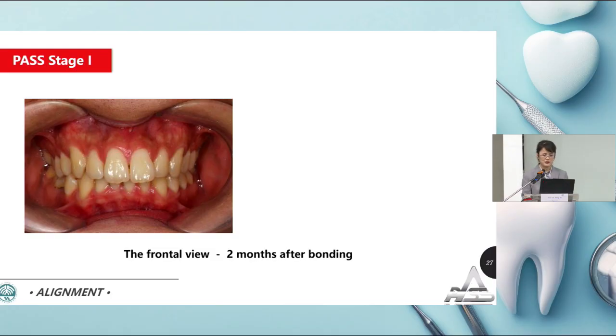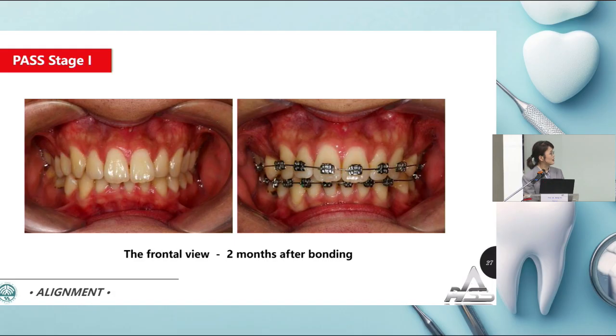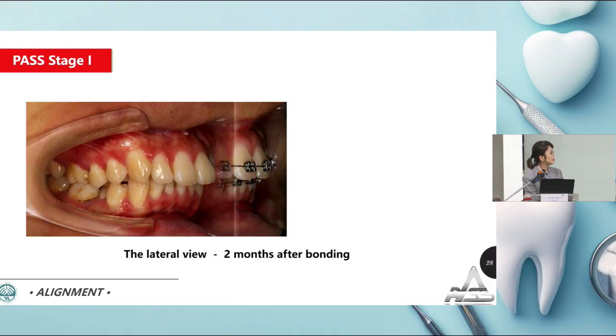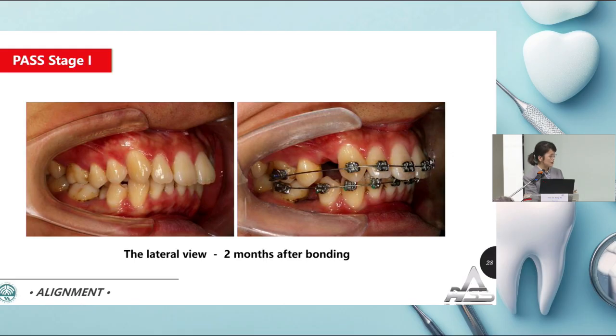Okay, you can see a case. That's the frontal view 2 months after bonding. You can see we bonded the 3 to 3 and the 6s, and the nitinol wire inserted into the tip-back tube and tip-back slot.